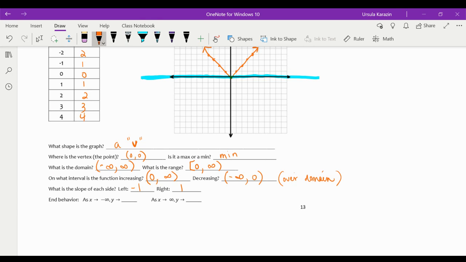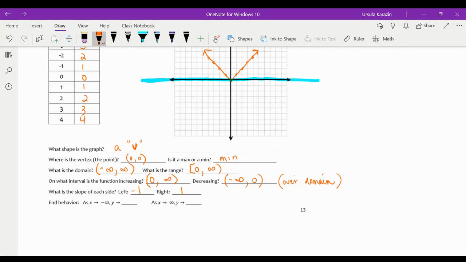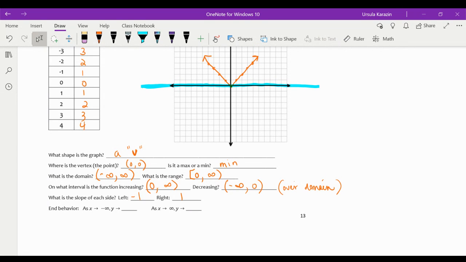And then finally, end behavior. End behavior is asking what's happening on the left and what's happening on the right. So notice here, as x approaches negative infinity, that's how we read this, as x approaches negative infinity. So in other words, as we go as far to the left as we can, it wants to know what's happening to our y. Well, as we go as far to the left as we can, y just keeps getting higher and higher.